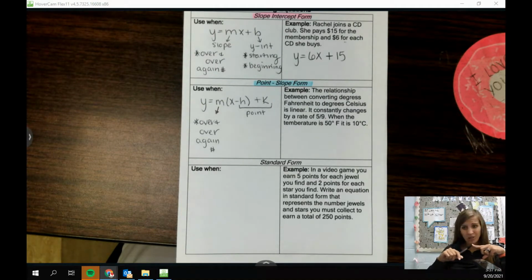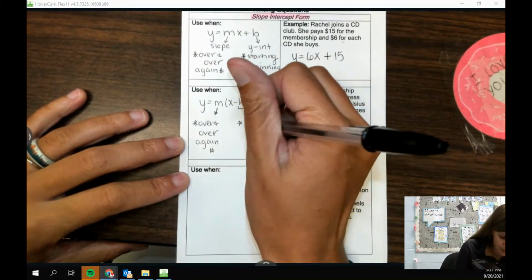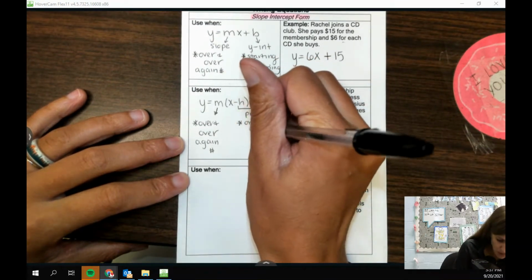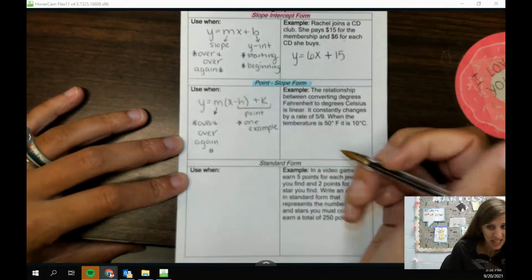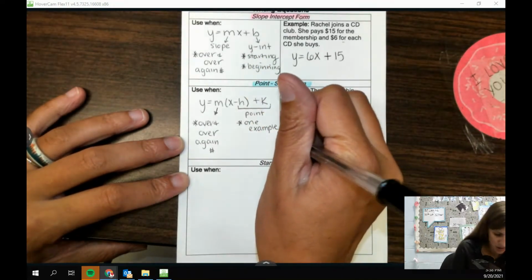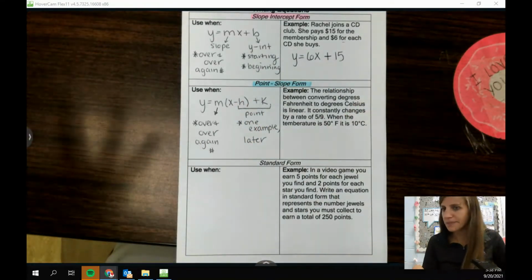And it's not the starting number. It's kind of an example that happened later on where I did some stuff. So I like to call this one one example, or one instance of the story that happened later on. So one example later.